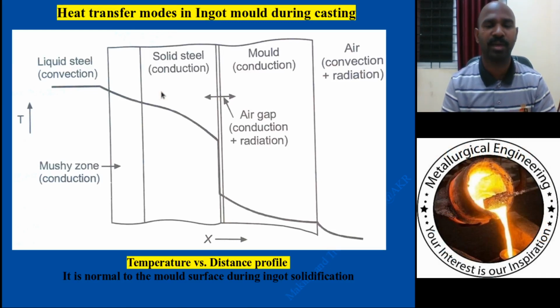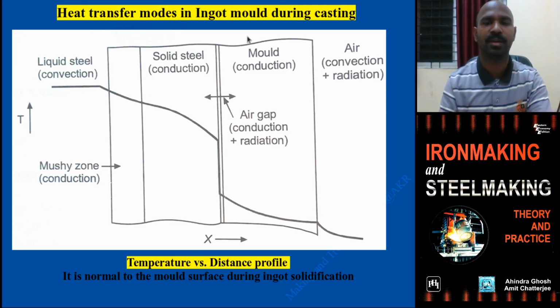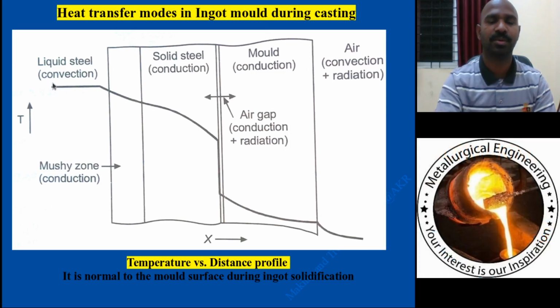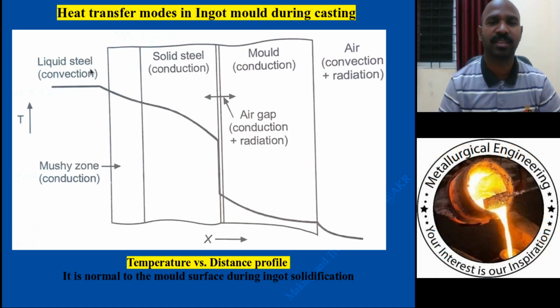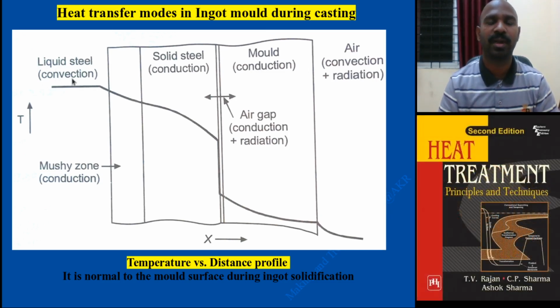Now, if I take one particular ingot mold, what are the heat transfer modes in ingot mold casting? For example, the highest temperature is in the liquid steel. Within the liquid steel, the heat transfer phenomenon is convection heat transfer.